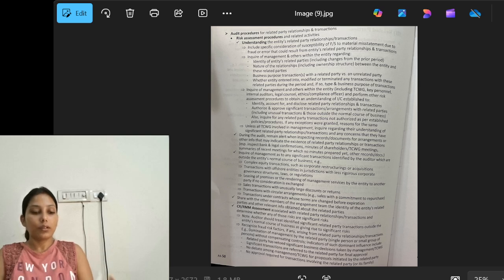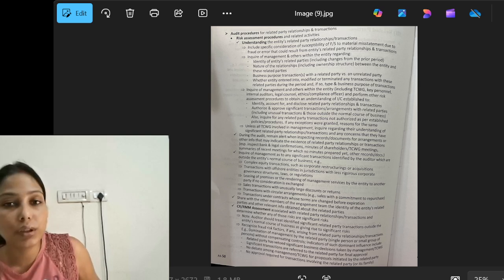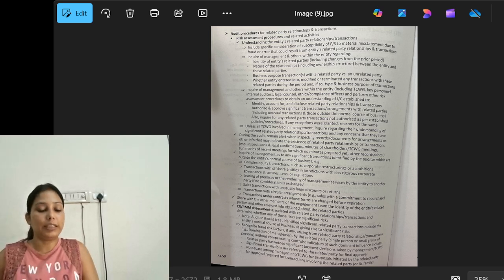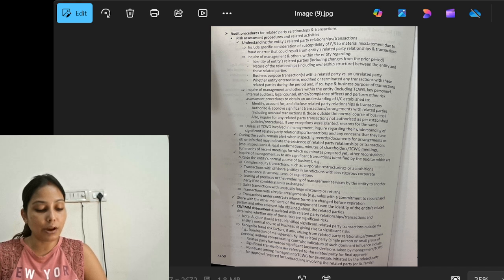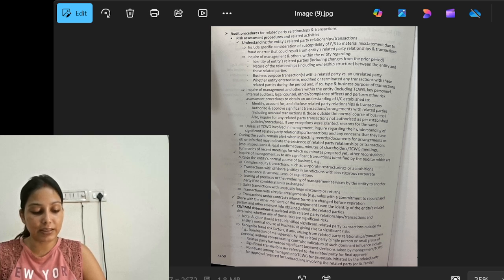So, a further drill down into the audit procedures for related parties. To begin with, the risk assessment procedures and related activities. To understand the entity's related party relationships and transactions, these include specific consideration of the susceptibility of the financial statements to material misstatement due to fraud or error that could result from the entity's related party relationships and transactions.